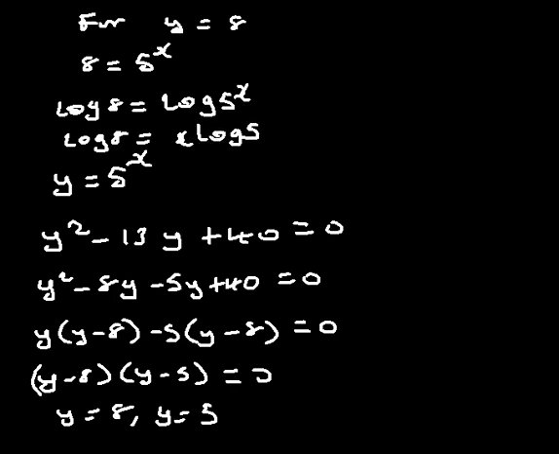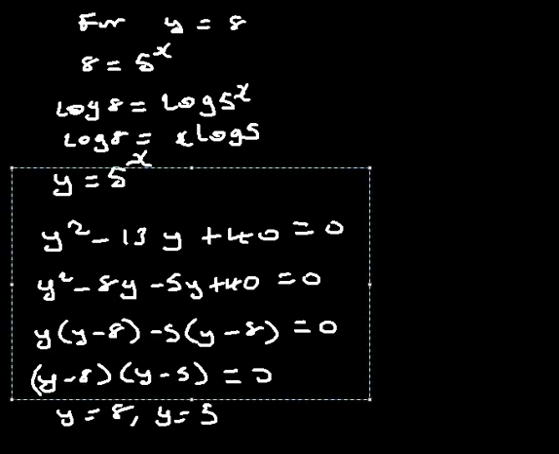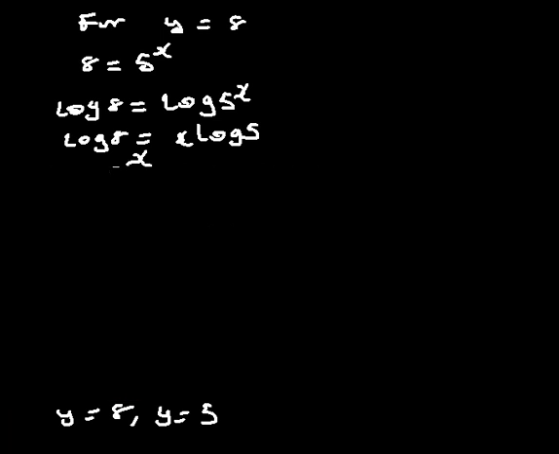We'll divide both sides by log 5, so we have log 8 divided by log 5. That is the value of x, and you should work it out.